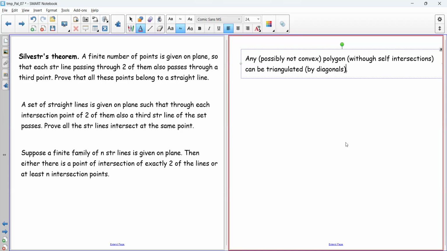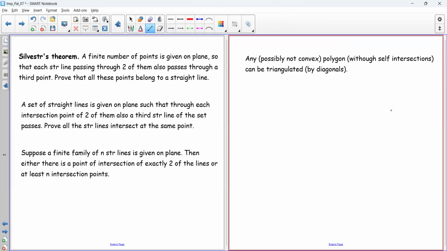Another classical result is that if we have a convex polygon, it is almost absolutely clear that any polygon would be diagonalized. We can just draw lines from one vertex, like diagonals, to all other vertices to which it's possible, and we are done.